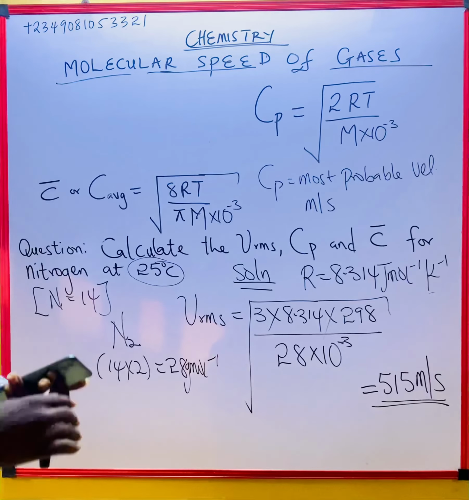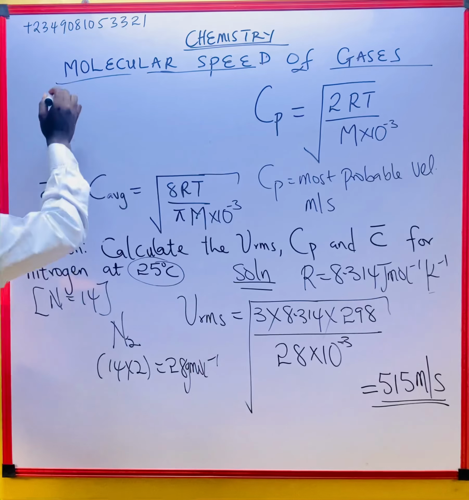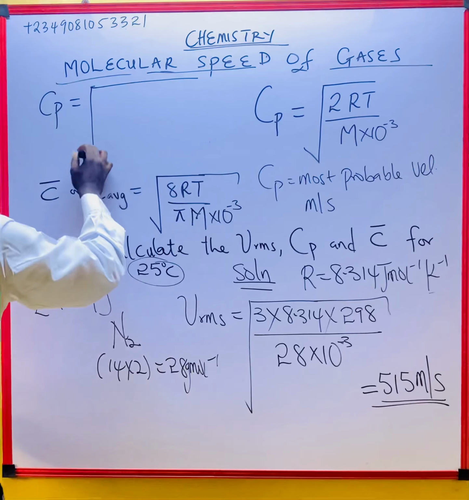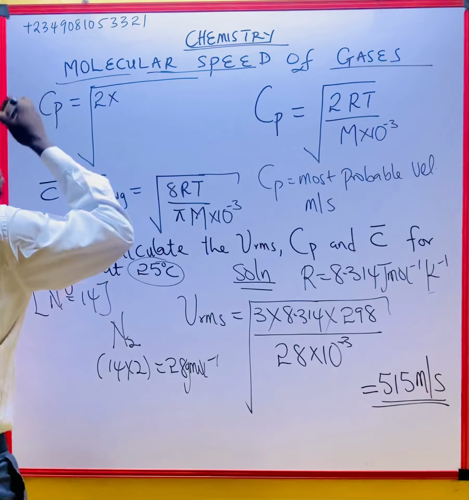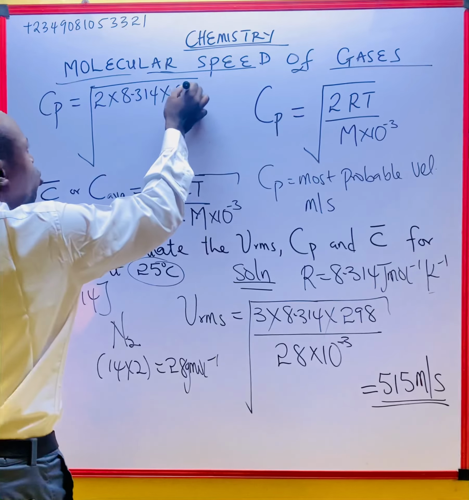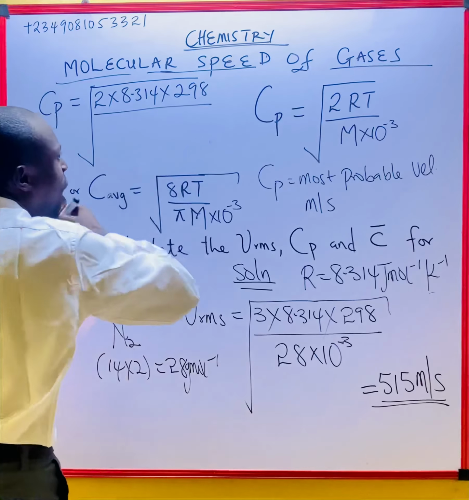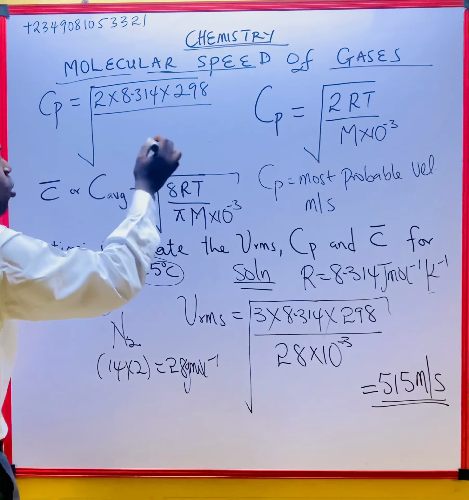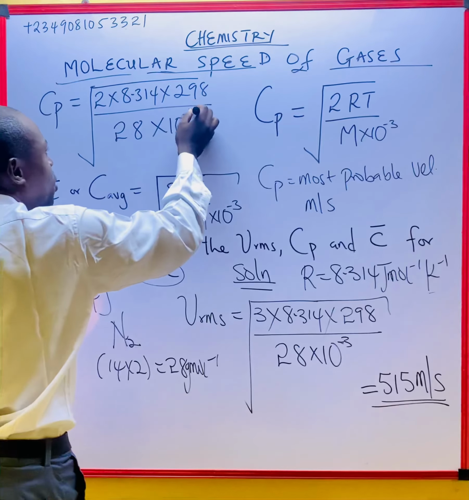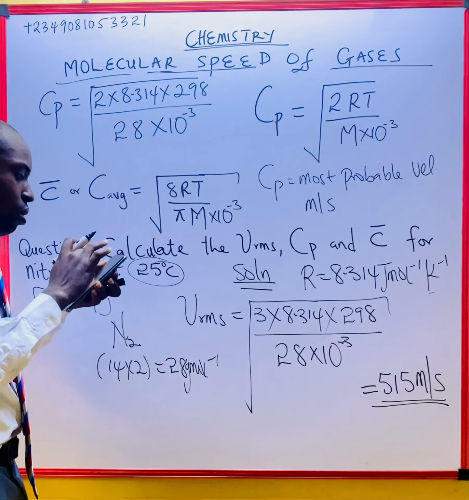Now, in the case of the most probable velocity Cp, it follows this way: 2 multiplied by 8.314 multiplied by 298 over the molar mass of nitrogen, 28 multiplied by 10 to the minus 3.